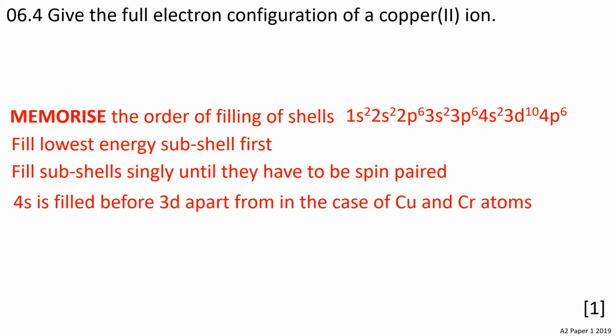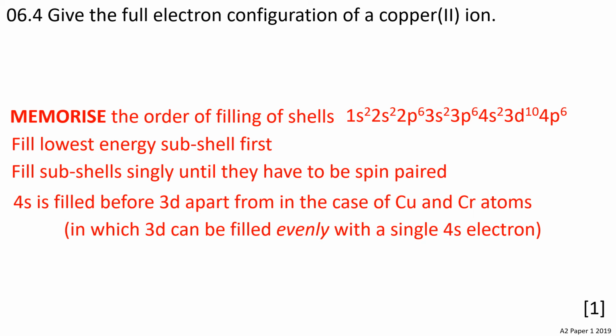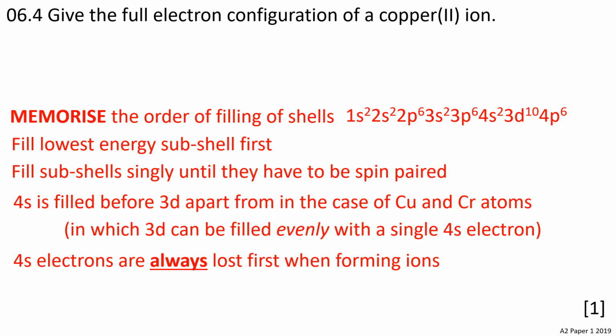Now this is a copper ion, not a copper atom. But in the case of copper and chromium atoms, the 3d can be filled evenly with a single 4s electron, so 4s1 3d5 or 4s1 3d10 for chromium and copper atoms. The 4s is always lost first when forming ions.